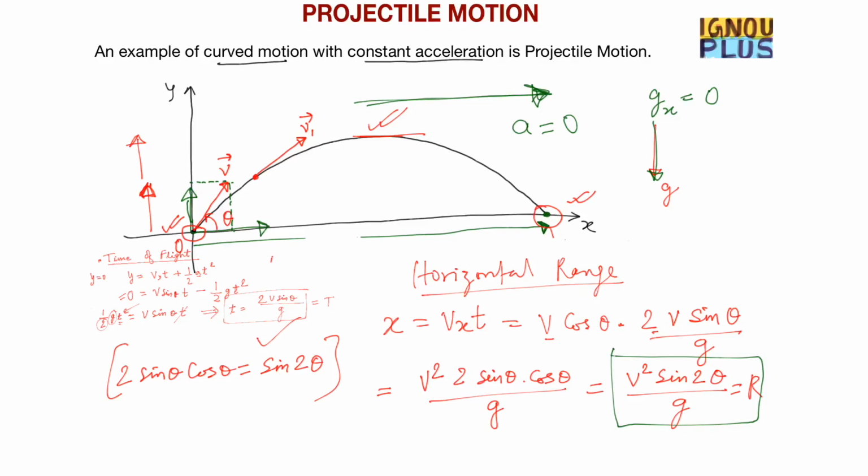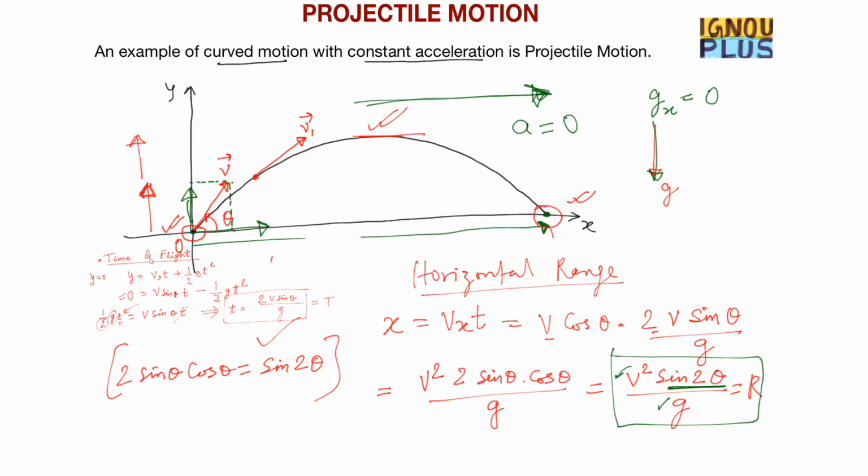Now here, if somebody asks you by which angle should we throw the projectile or any object so it should reach the maximum distance, then you can see in this equation that V is a velocity, that is fixed. We need to only work on the angle, because g is constant, V is fixed. So what can change? Only sin 2 theta.